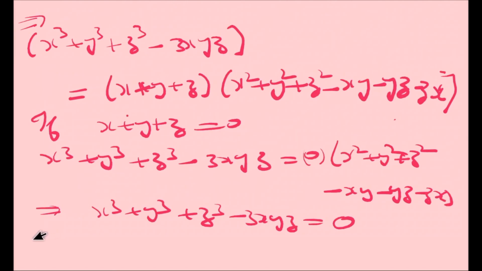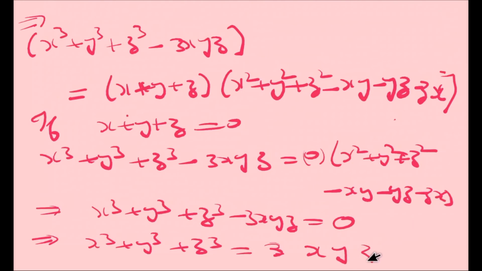or we can say the factor of x cube plus y cube plus z cube will be 3xyz. So this you have to learn with this condition. If x plus y plus z equal to 0, then x cube plus y cube plus z cube equal to 3xyz. Okay student, learn this formula very carefully.